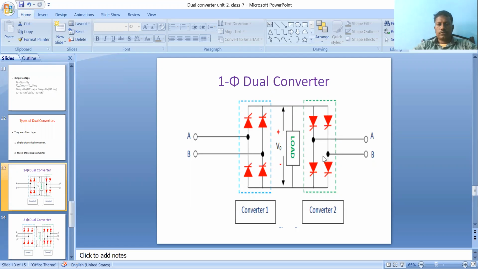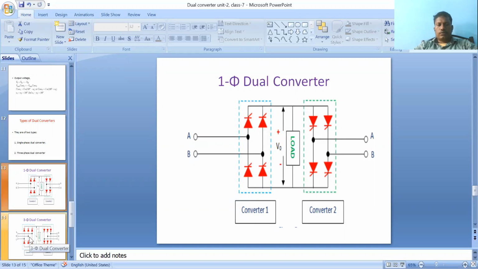One is the rectifier and the other is the inverter. So converter 1 operates in rectification mode and converter 2 operates in inversion mode. The AC is converted to DC, and this DC acts as the input to the other, which is in inversion mode. We should calculate the voltage across the load only, whether it is an R load, RL load, or whatever it is. That is the diagram of the dual converter.